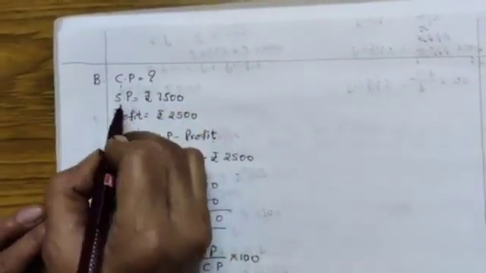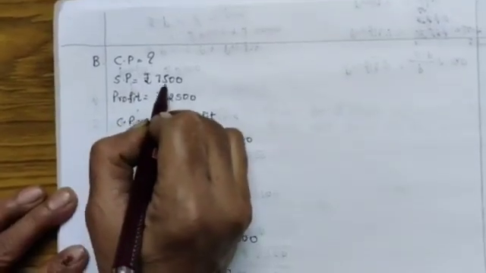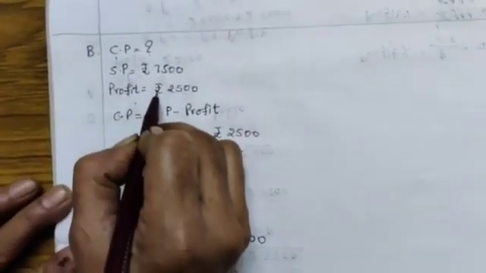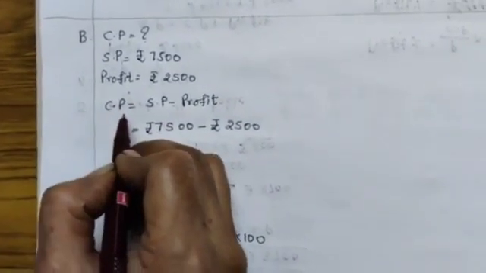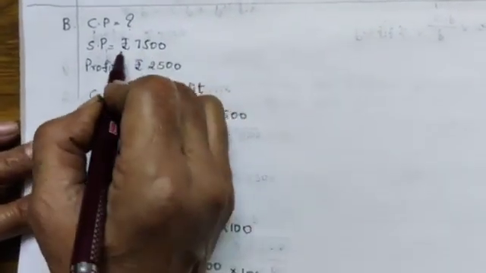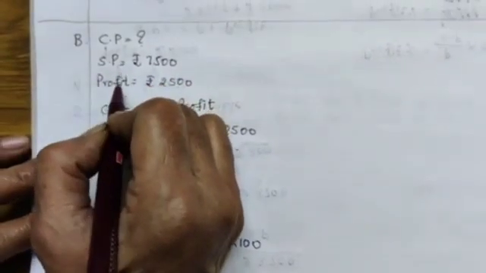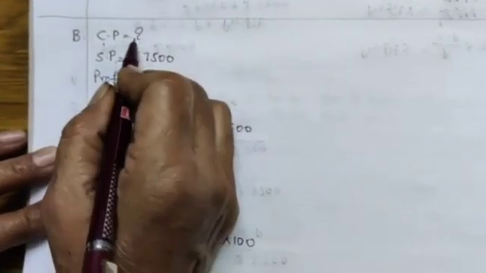Now B bit. Cost price we don't know, selling price rupees 7500, profit is rupees 2500. In this you have to subtract: SP minus profit, then you will get cost price.